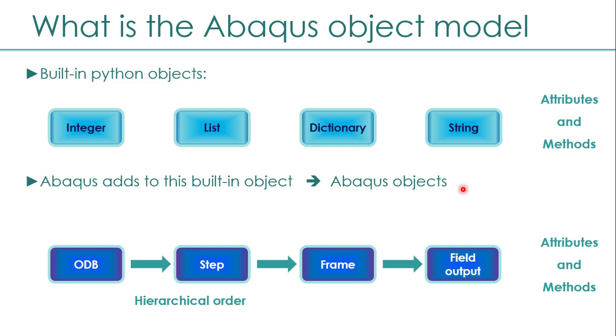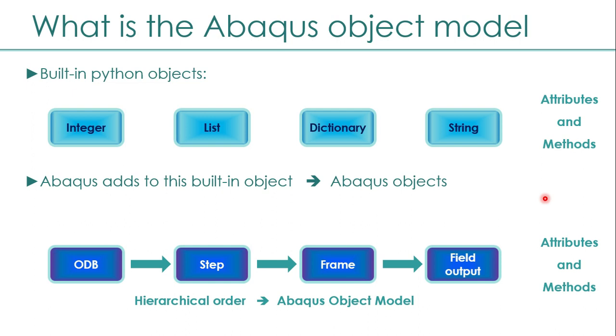This hierarchy, in a sense, you can call the Abaqus object model. These are the basic fundamentals that you require for understanding Abaqus Python scripting. One thing I should tell you is that you don't have to memorize this stuff, because you can always refer to the reference guide or user's guide. I personally don't recommend you memorize all this stuff.